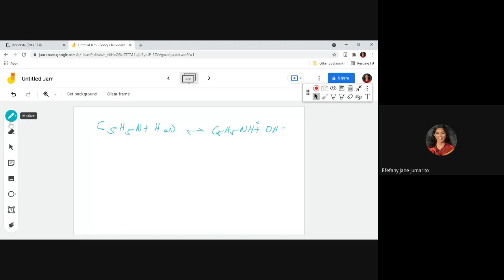Again, when we say conjugate, it is found on the product side. OH minus, ma'am. That will be your acid. Remember, your acid donates protons.